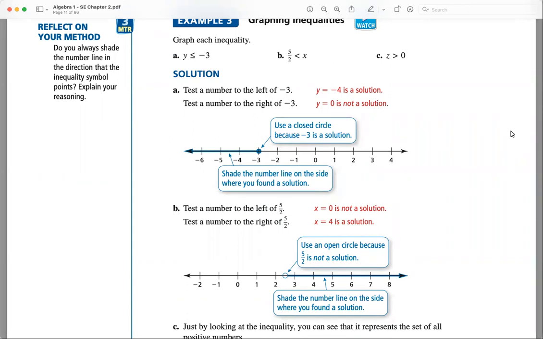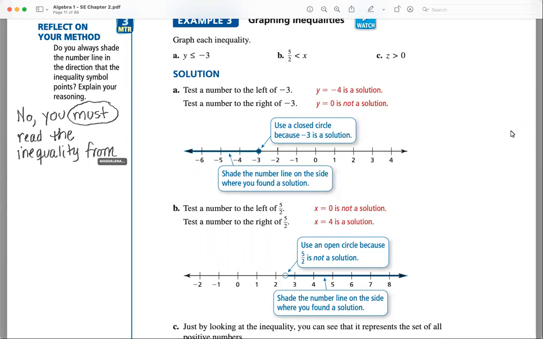Please write this down. I said it in the previous example, but now I'm going to write it. Read the inequality from the variable to the number. Always, always.